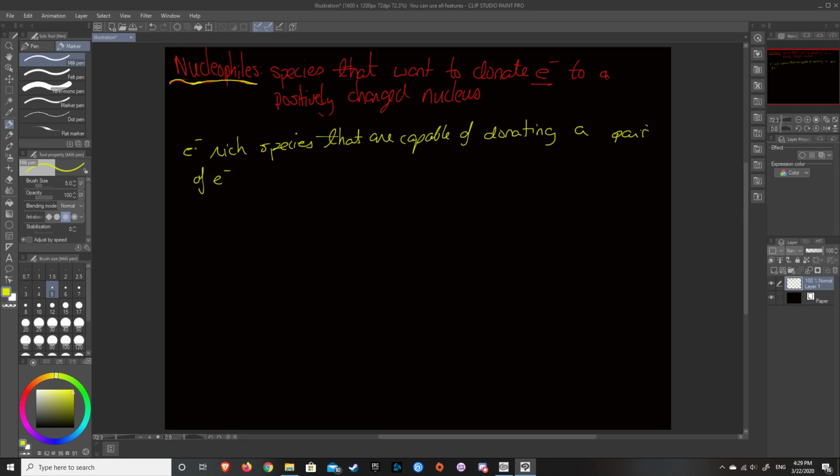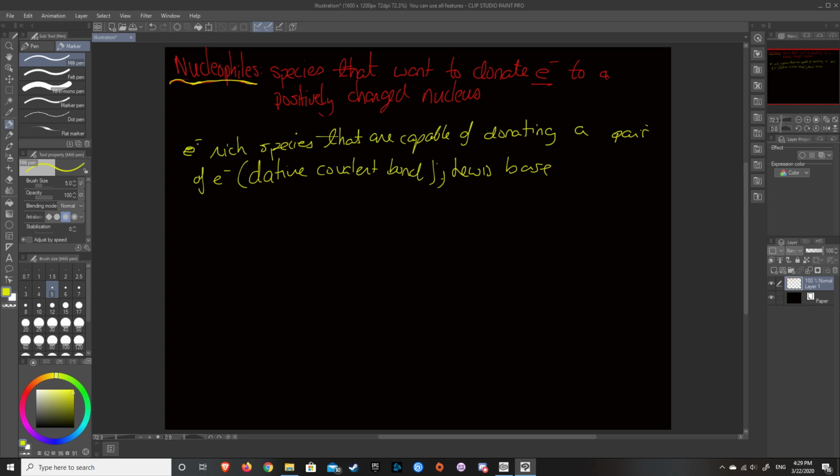What we called that, back when we did Unit 2 and Unit 4, was a dative covalent bond. Or later on in your acid-base unit, we called that a Lewis base, something that's capable of donating a pair of electrons. If you accept a pair of electrons, you're a Lewis acid.